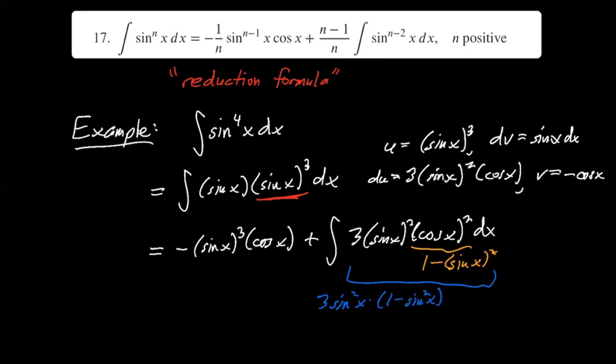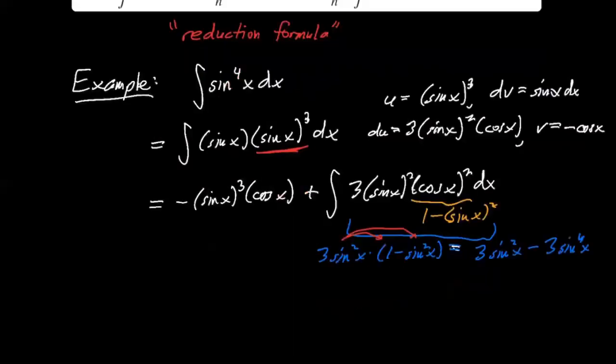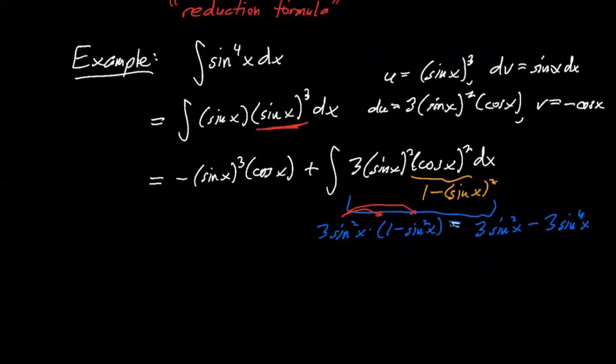But we can distribute the multiplication. And so that's going to equal 3 sine squared x minus 3 sine squared times sine squared, which is sine to the 4th of x. Okay, so that doesn't look that great, but let's just go with it for a minute.